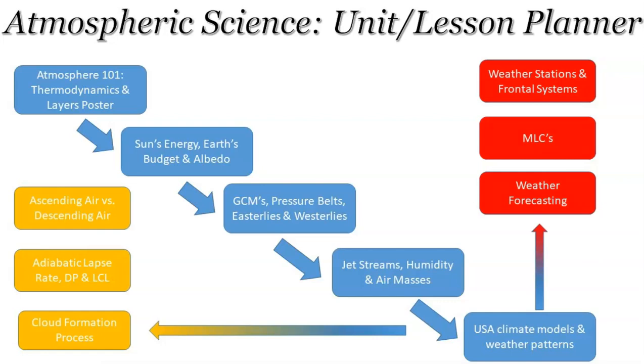So the plan is to build a sequence of information on the atmosphere, so at the end of the day they'll understand not only just cloud formation and systems of weather and climate, they can also look at individual locations and look at the current conditions and have the background knowledge of the sun's energy and GCMs and jet streams and how heat is transferred to understand how the weather is forecasted by meteorologists, and also look into building our knowledge towards extreme weather.